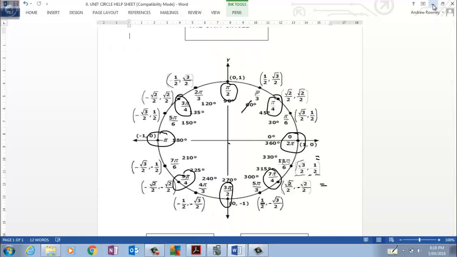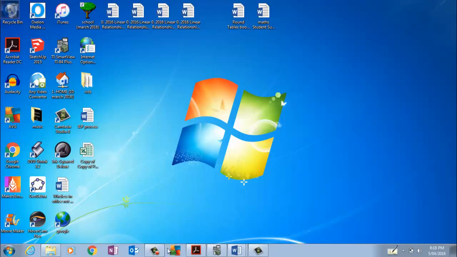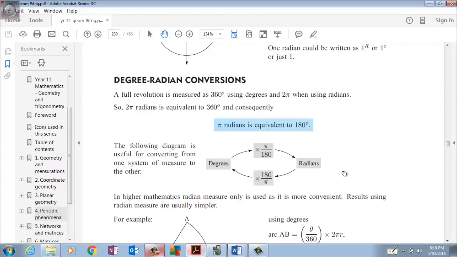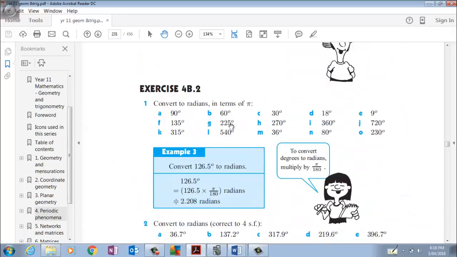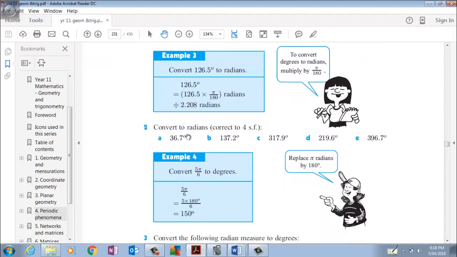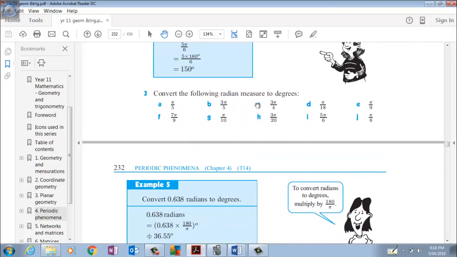Okay, so now we'll go back to the textbook and see that these questions here we've already covered. So converting radians, converting to radians from degrees, we've done that going around the whole unit circle. Likewise, you could go back the other way, this one here, from radians to degrees.